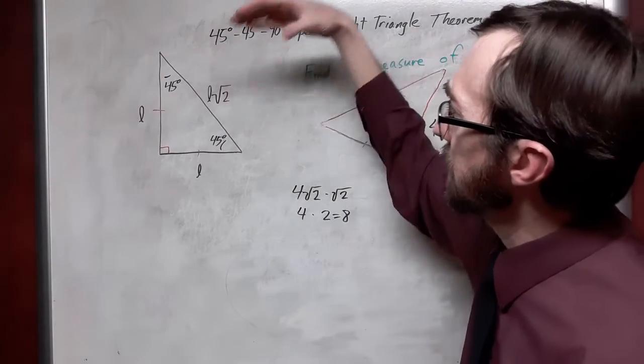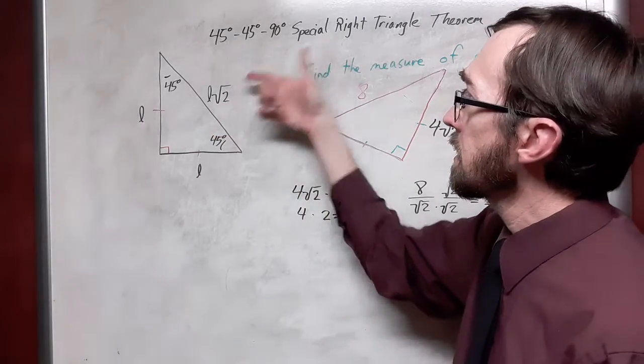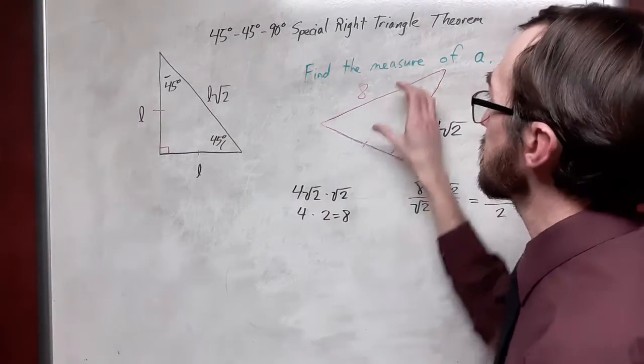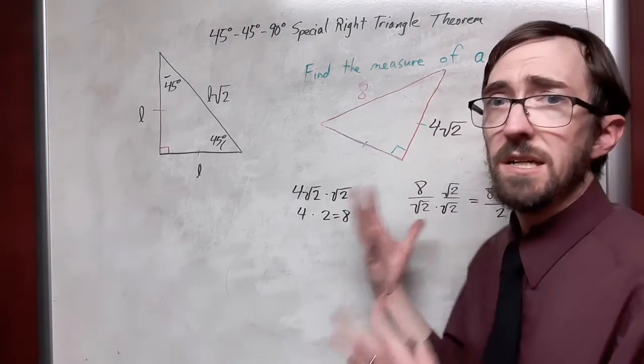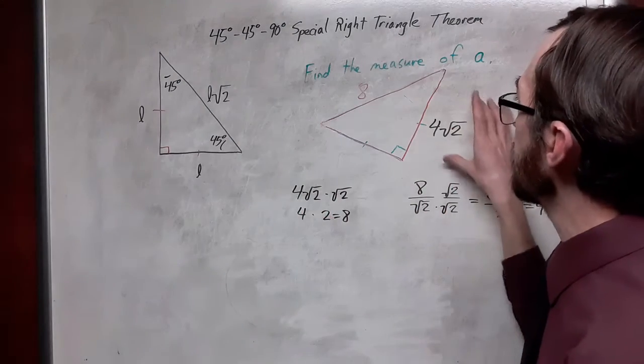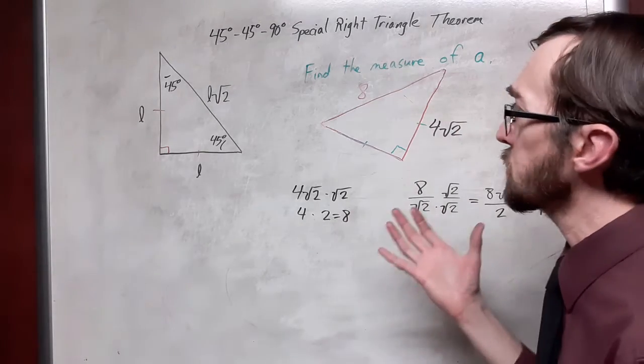So this is not saying that there's always going to be something that looks like the square root of 2 is hanging on to it. The 8 has that factor of square root of 2 in there, but it's kind of hidden because of the length of this one being 4 times the square root of 2.